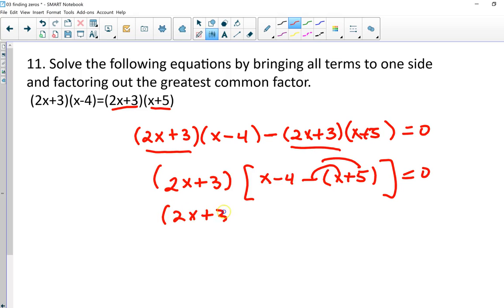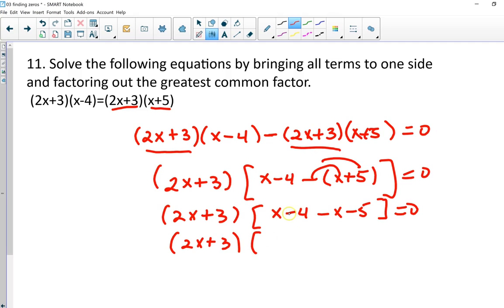I'm just going to rewrite the GCF so I don't lose it. And I get x minus 4 minus x minus 5. I combine like terms. Whoa, that goes away. Negative 4 minus 5 is negative 9. I'm almost done. I distribute.